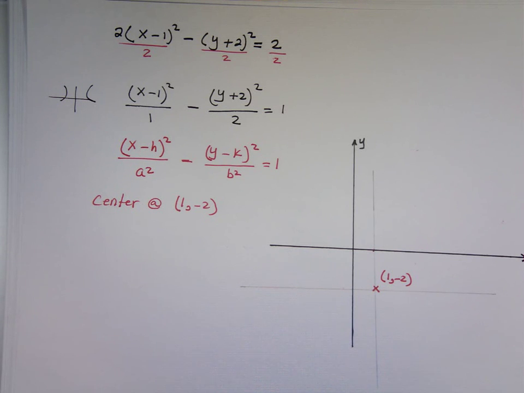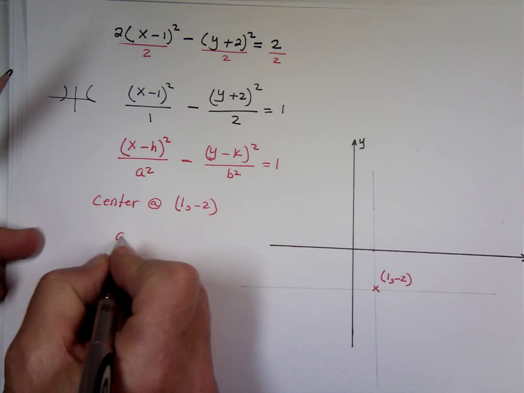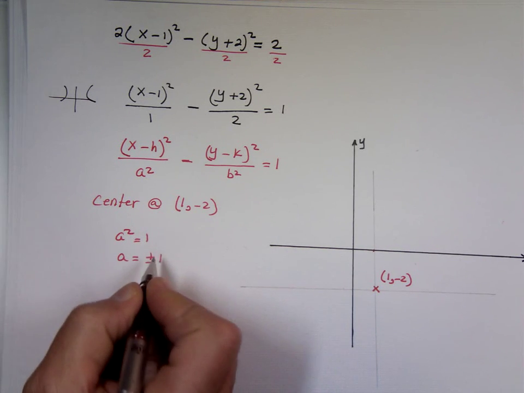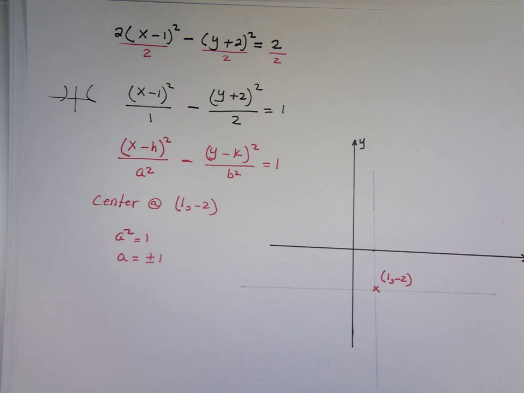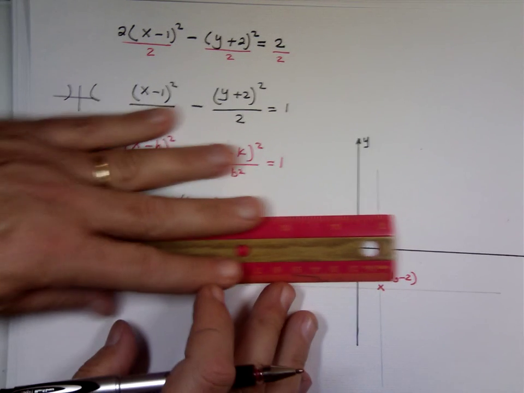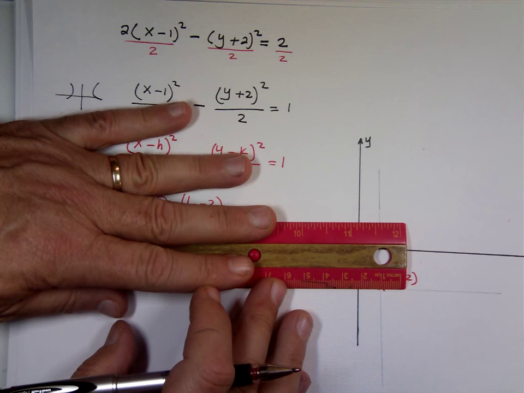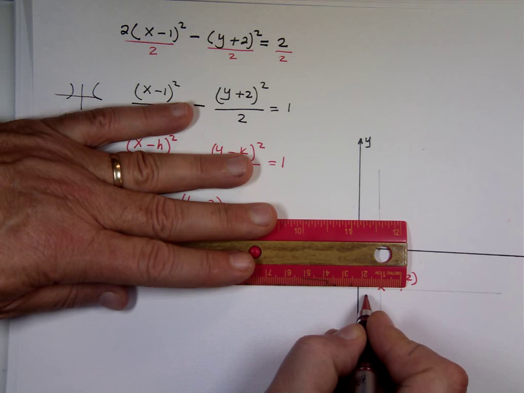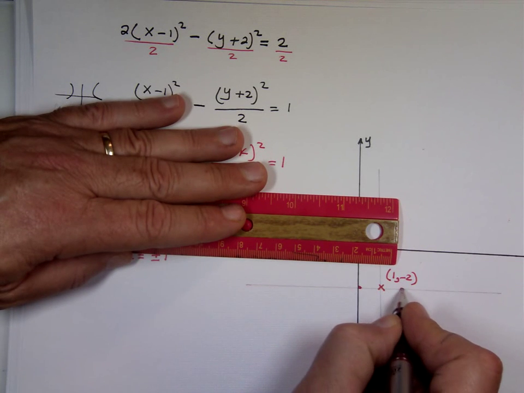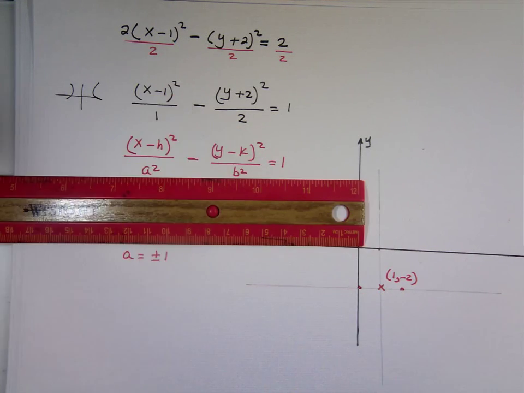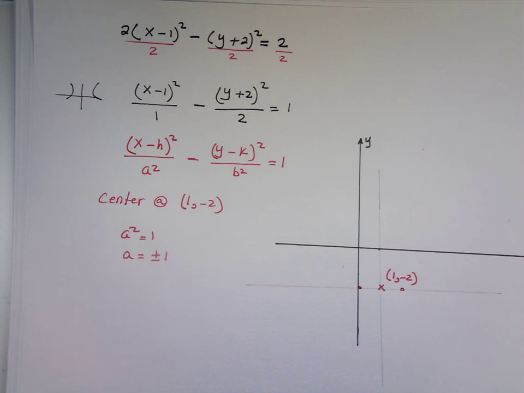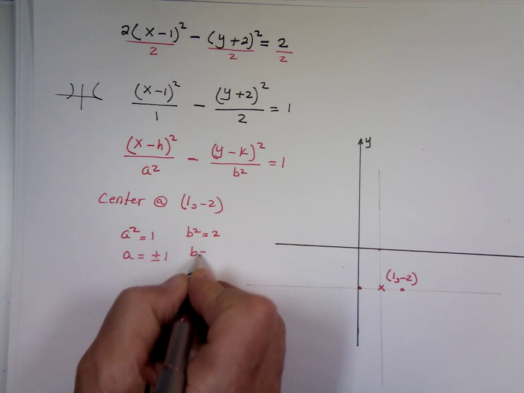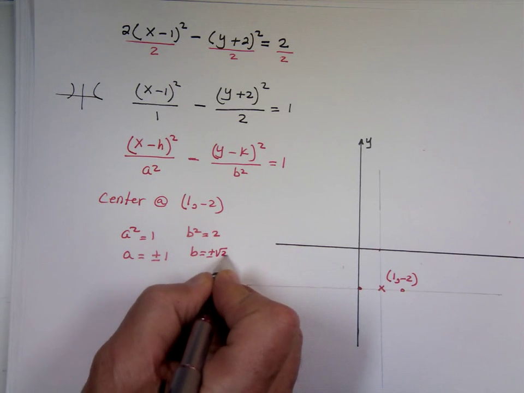So what's a squared equal to? 1. A equals plus or minus 1. So go one to the right and one to the left and put a mark there. It's going to cross the x-axis, we said. It's supposed to be here and here, right on the line. Now, b squared is equal to what? 2. b equals plus or minus the square root of 2. That's 1.4 roughly.